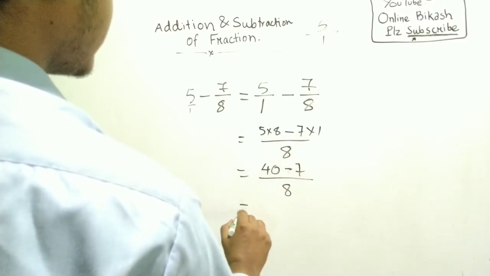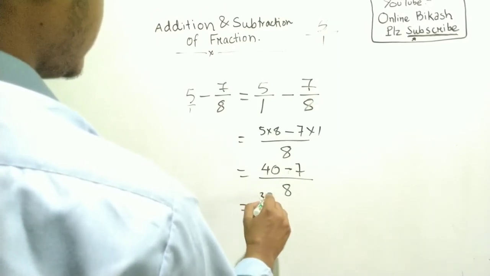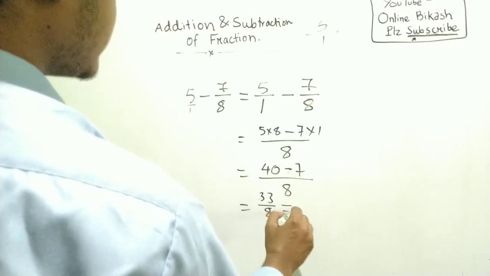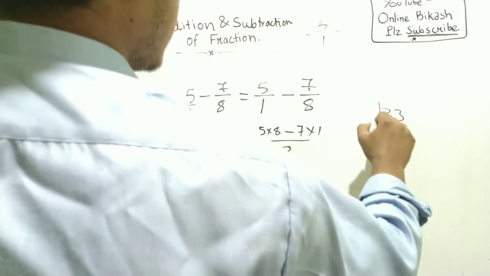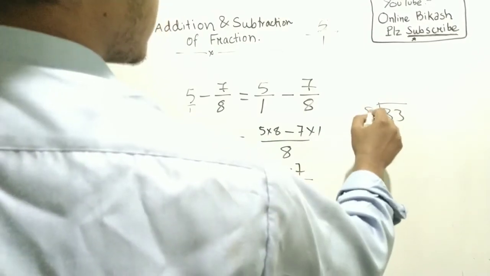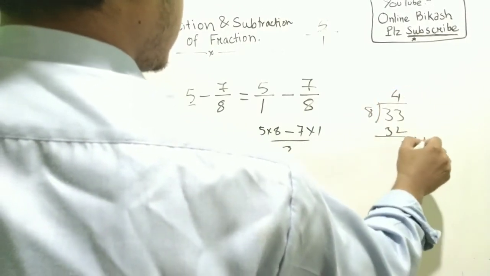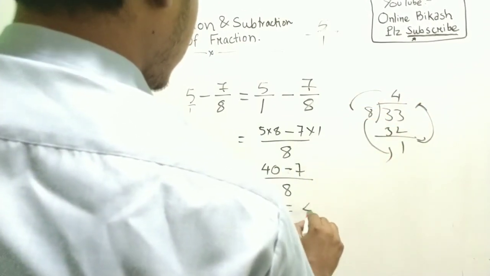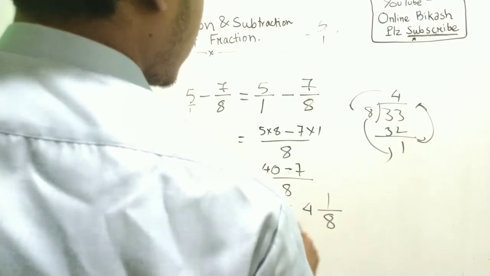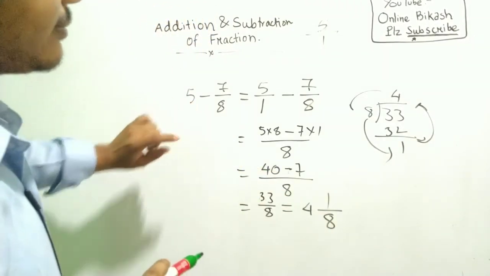So 40 minus 7 is 33 by 8. Now you can change it into a mixed fraction, because 33 by 8 is an improper fraction. 8 4s are 32, 1 remains, 4 will come to this side, 8 will be the denominator. So 4 whole 1 by 8 will be our answer for this particular question.